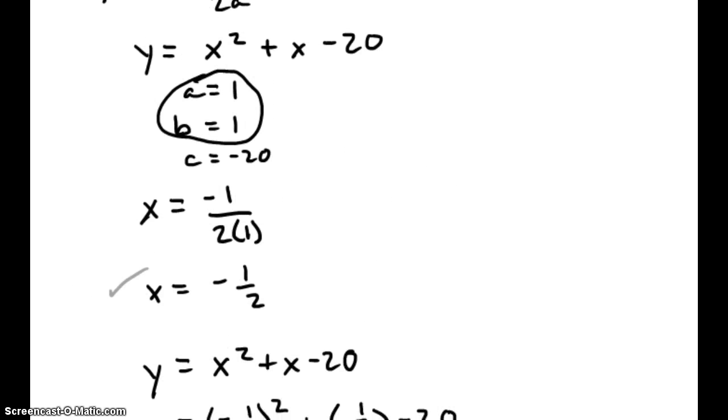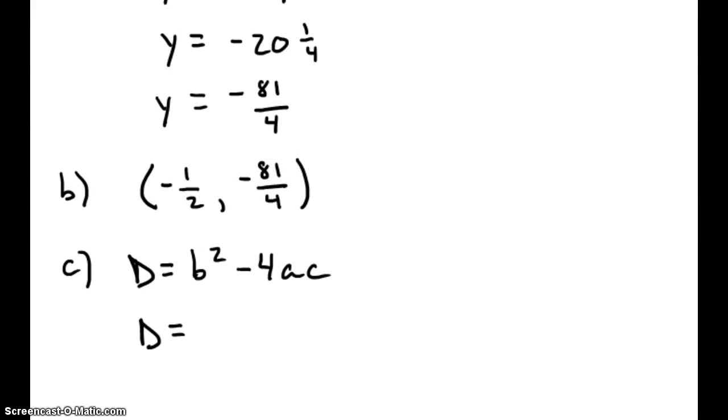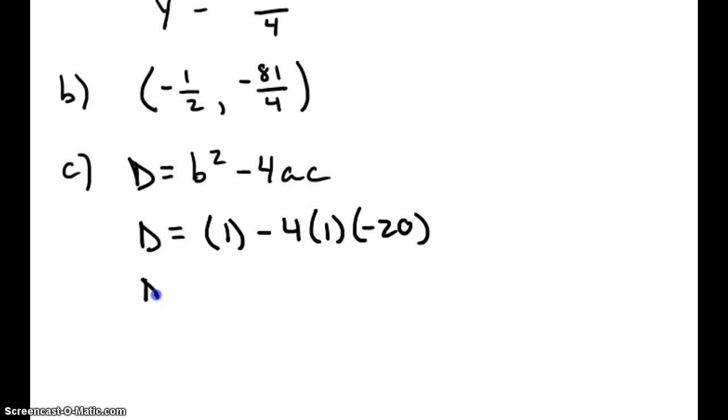A is 1, B is 1, and C is negative 20. And if I use the order of operations, I get that D is equal to 81. This negative times a negative will make a positive, so 1 plus 80 will give me 81. So this is what I'm looking for in part C.